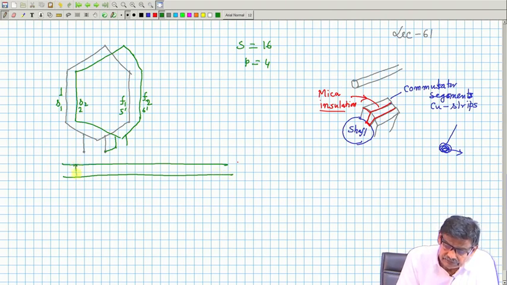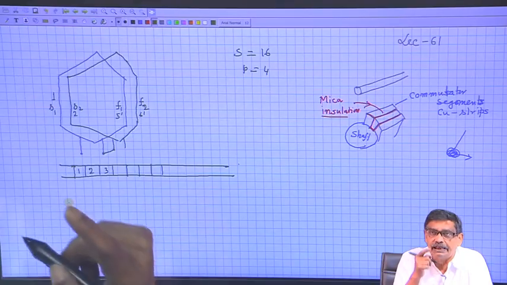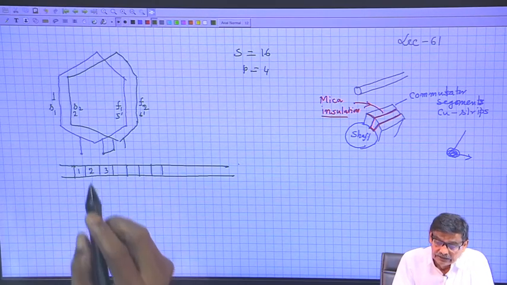Like this. I will also number the commutator segments 1, 2, 3. How many commutator segments will be required? As many slots as there are, as many coils as there are, because you recall that from each junction I need one commutator segment. There are 16 coils, so for each junction I require a commutator segment.